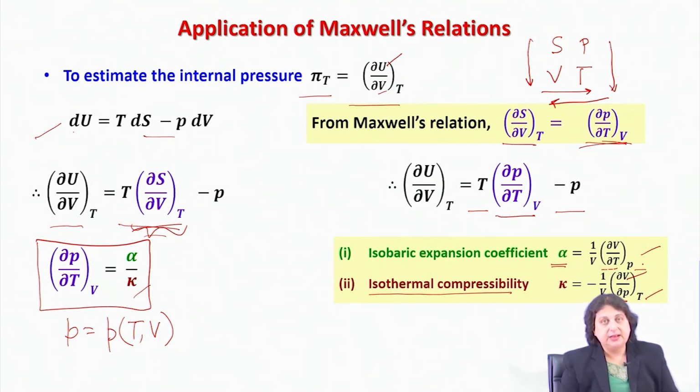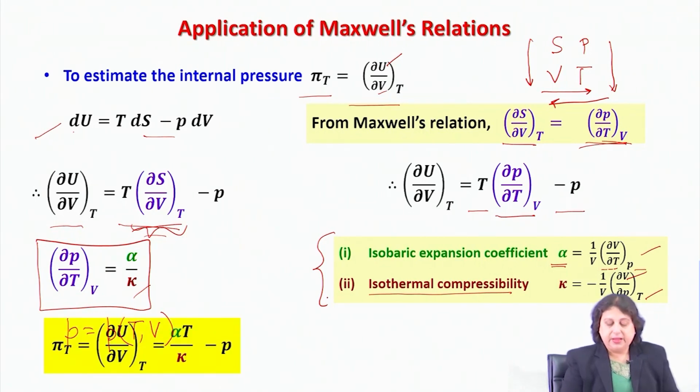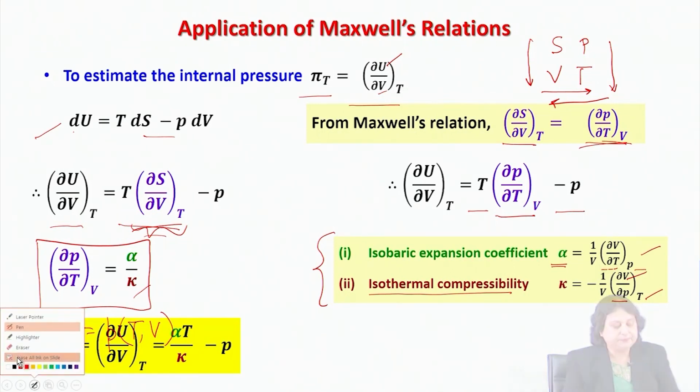So once again, both the quantities are outcomes of measurement of pressure, temperature, and volume in the laboratory, and this can be easily done. So once I know this, then I can simplify my expression and do the following.